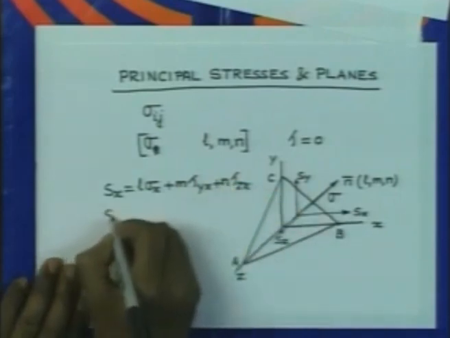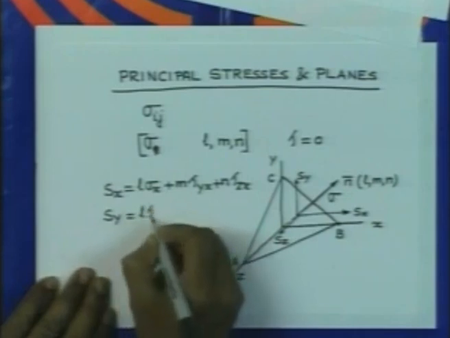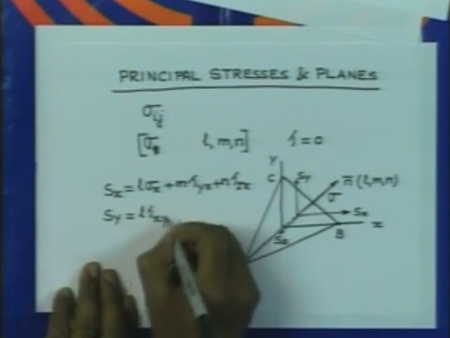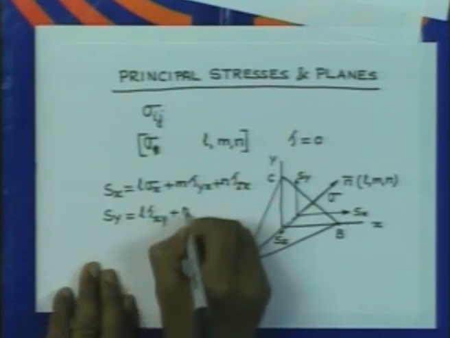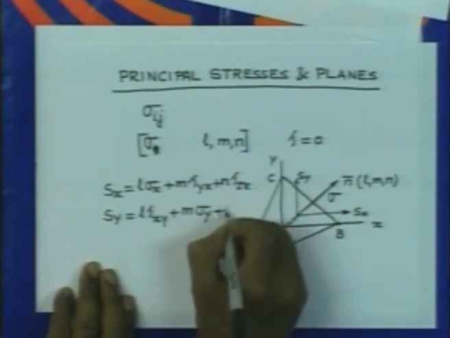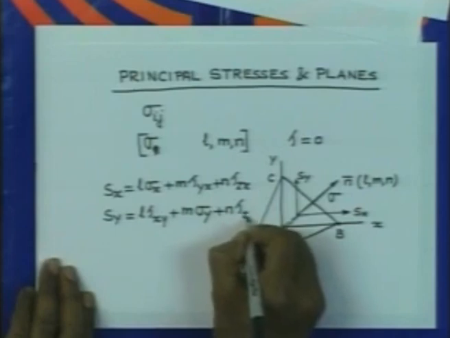Similarly, Sy is L tau xy plus M sigma y plus N tau zy.